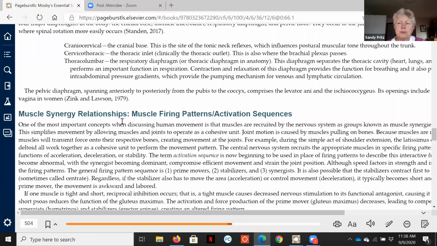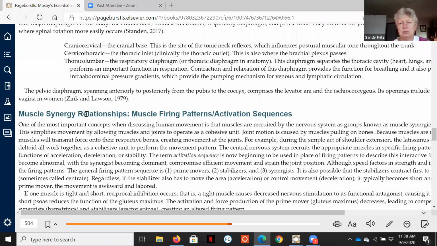And then in order for the muscles to move effectively, you have to have a sequence. This one goes first, and then this one goes, and this one goes after that. And in a closed kinematic chain, that's the whole chain.